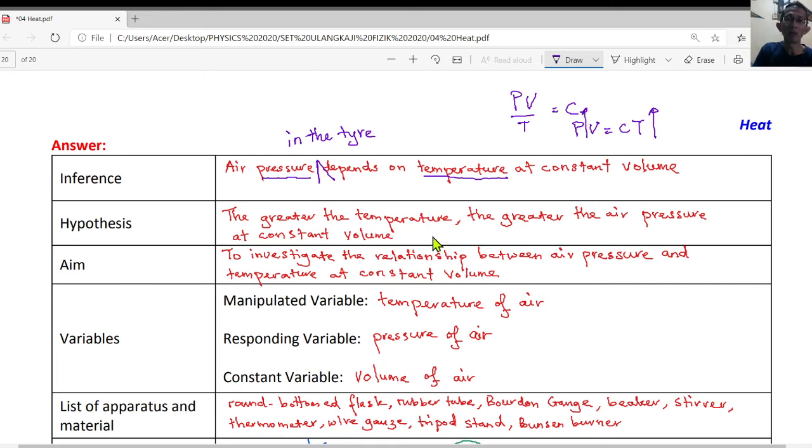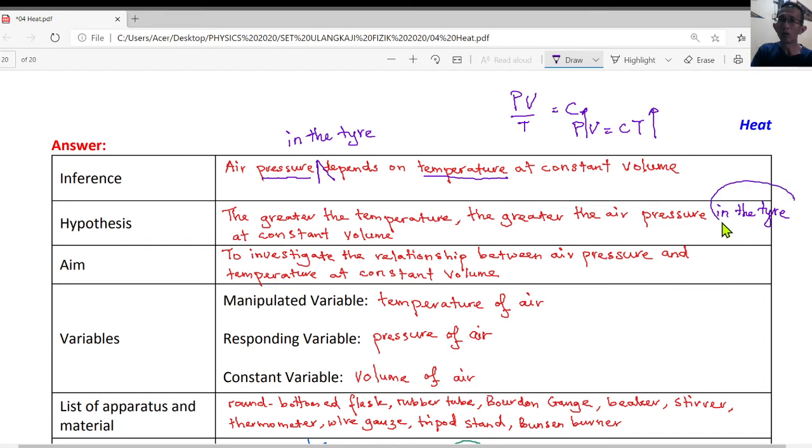Suppose that I write here, the greater the temperature, the greater the air pressure in the tire, for example, at constant volume. Can I write this as my hypothesis? The answer is no. Why?